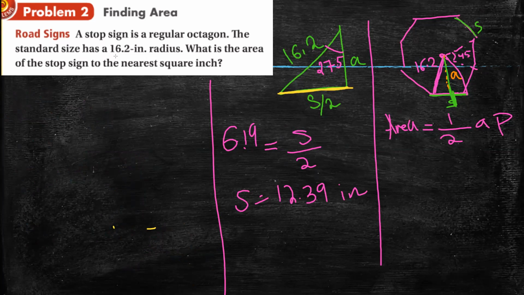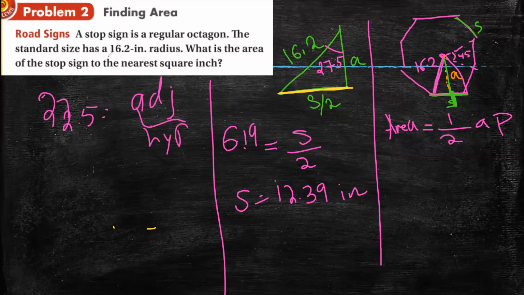Now, to find the apothem here, as we see, let's say that this is an angle. Name it with theta, or name it with 27.5. Okay, I wrote 27.5. Sorry, 22.5. For this angle now, I have an adjacent and I have a hypotenuse. So, shall I use cosine or sine? If I have an adjacent and the hypotenuse. Cosine.